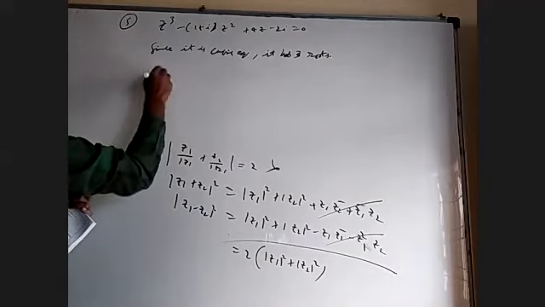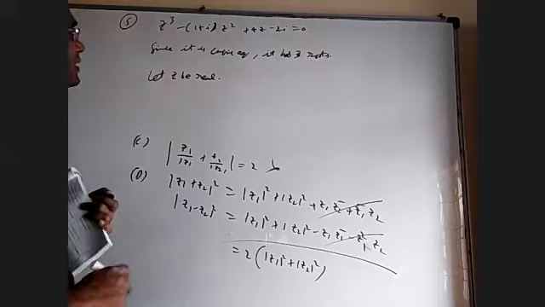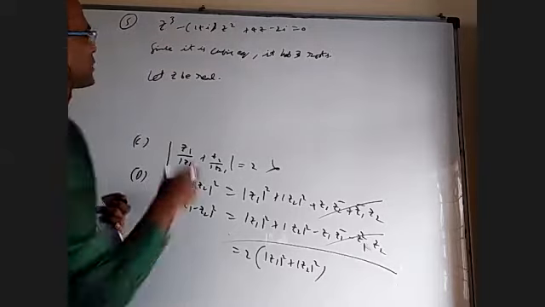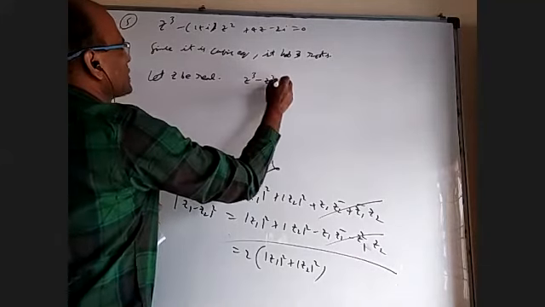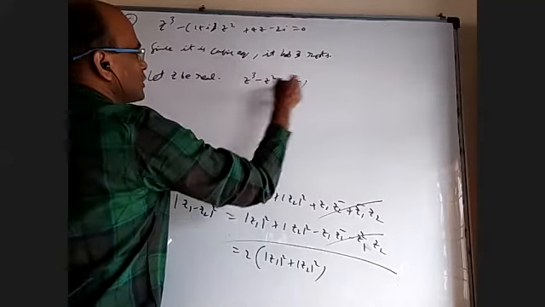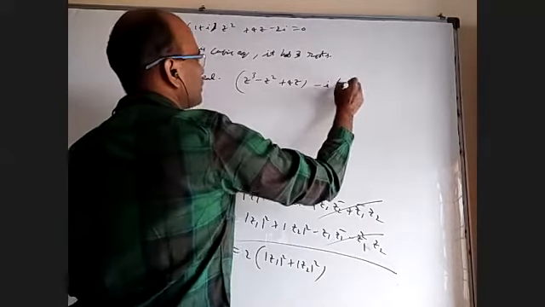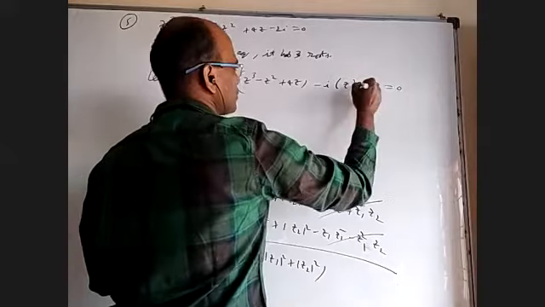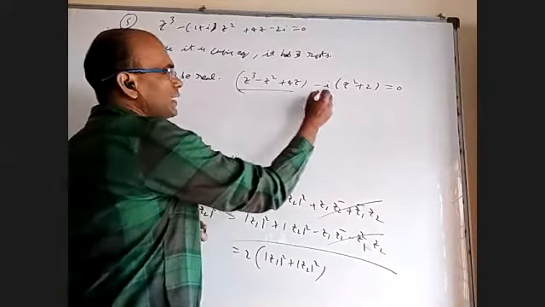Whether a real root is there or not, we can check. How? Let z be real. If z is real, I can separate real and imaginary parts. The real part is z cube minus z square plus 4z. If I take i common, minus i common, it will be z square plus 2 equal to 0. If z is real, then this is the real part and i into this is the imaginary part.